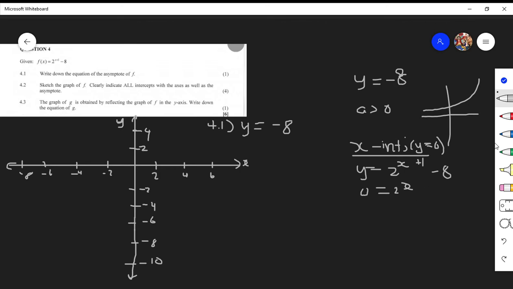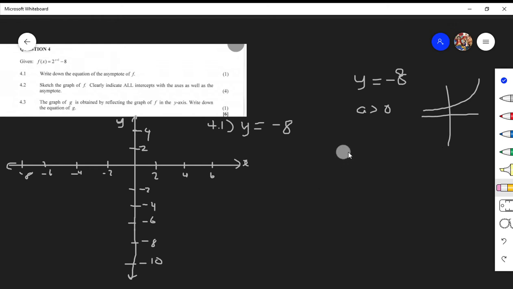Sorry about that. If we just do this, it will be so much faster. Negative 8 is equal to, so make it positive 8 is equal to 2 to the power x plus 1, right? If we transpose our negative 8 to the other side, it will become positive 8.